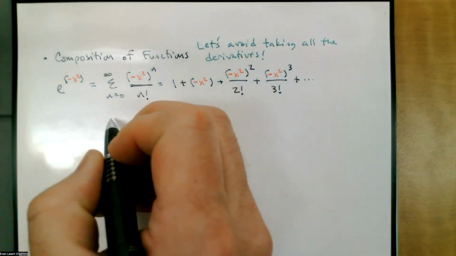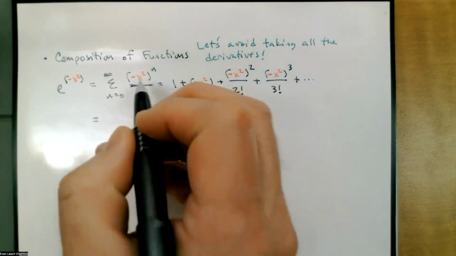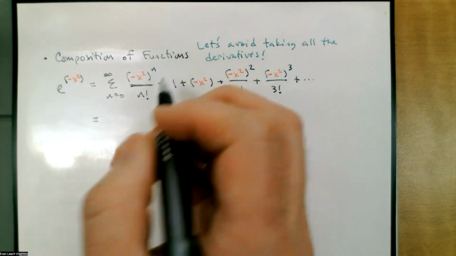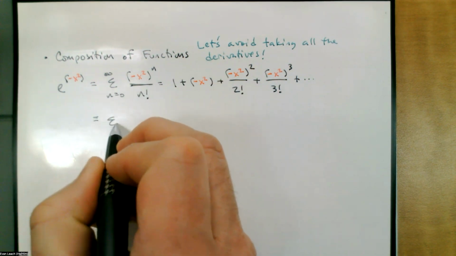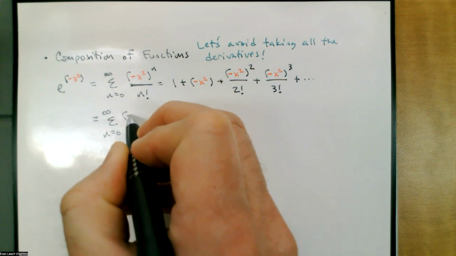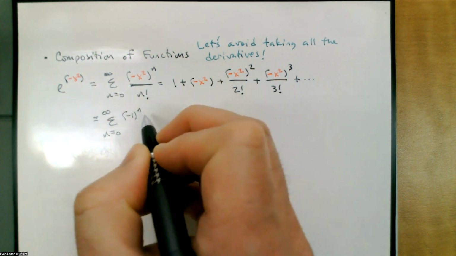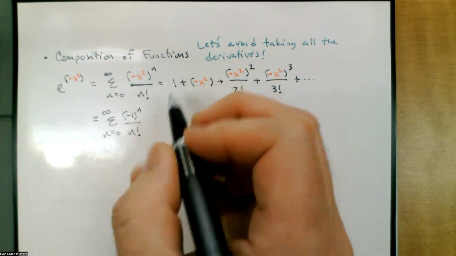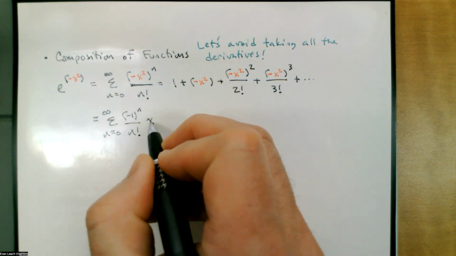We might want to clean this up so we can see what's going on. This minus x squared to the n, the minus 1 to the n will give us some alternating. And x squared to the n will be x to the 2n.